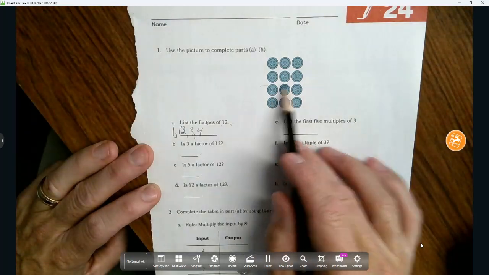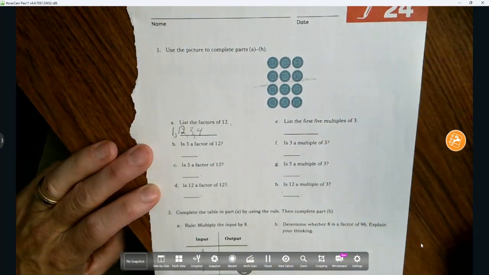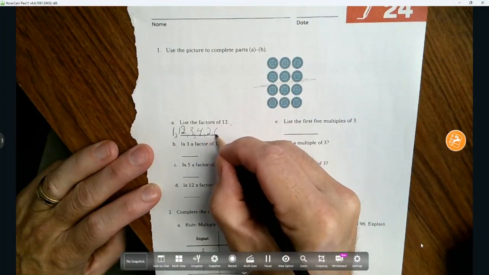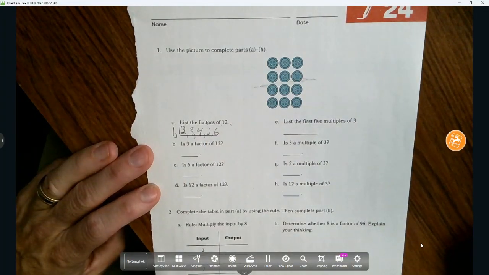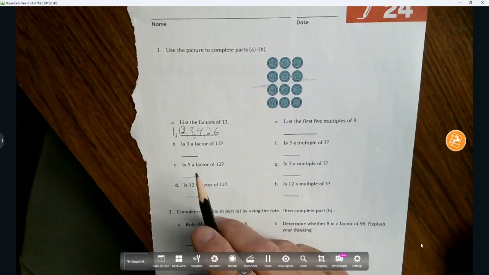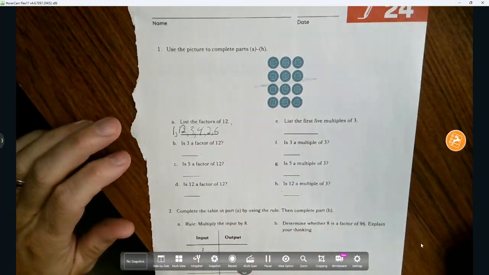Well, if I go like this, I got 2 groups with 6 in there, right? So 2, 6. I think that's about it. I mean, we could say 3 columns of 4, or 4 rows of 3, but that's just taking this either way. That doesn't count. We'd be here all day.